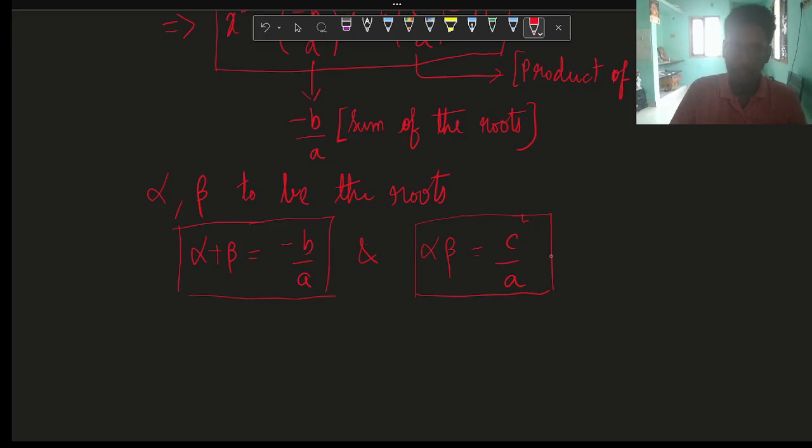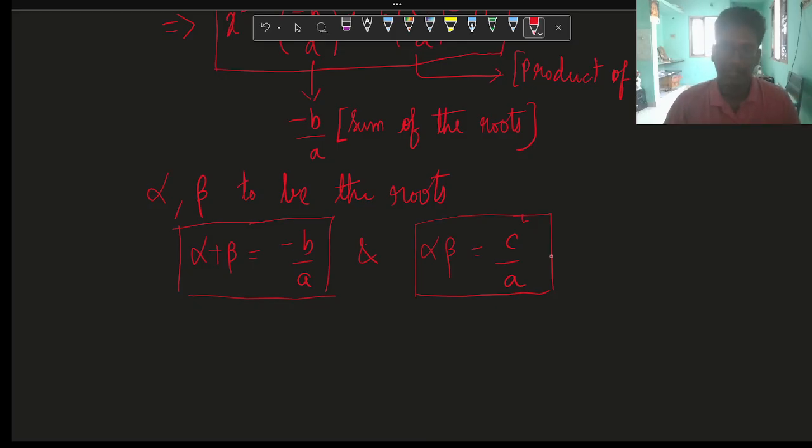You can use this in various situations. If the roots are given and you want to construct a quadratic equation, then you can use this particular property as a takeaway to construct a quadratic equation.